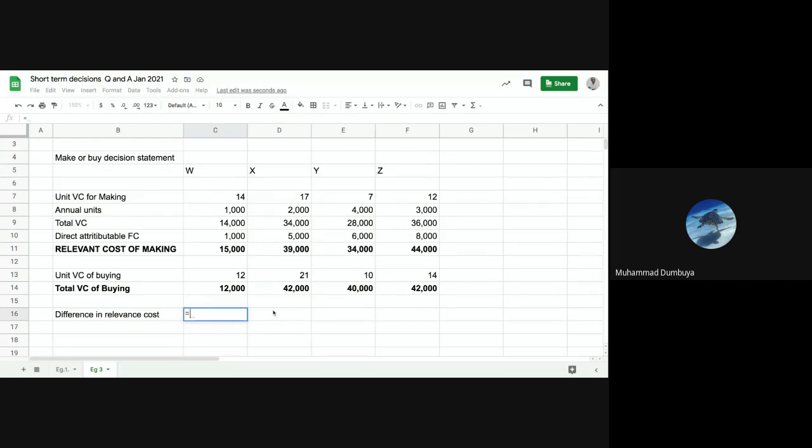Okay, go ahead. Equal to C11 minus. And with minus, you have to be careful. The key that has minus has almost similar ones. You have a minus with a smaller one, and another minus that is a bit longer.